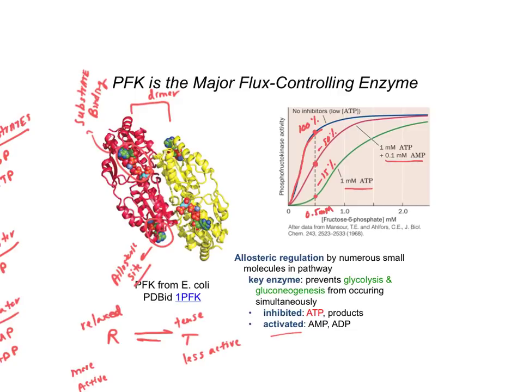If those concentrations increase, then these guys come in, they outcompete ATP at this binding site, and they increase the activity overall. So the real effectors here are the AMP and the ADP. As they increase in concentration, we need to turn PFK back on. We need to increase the rate of flux of these metabolites through glycolysis, and that's exactly what they do.